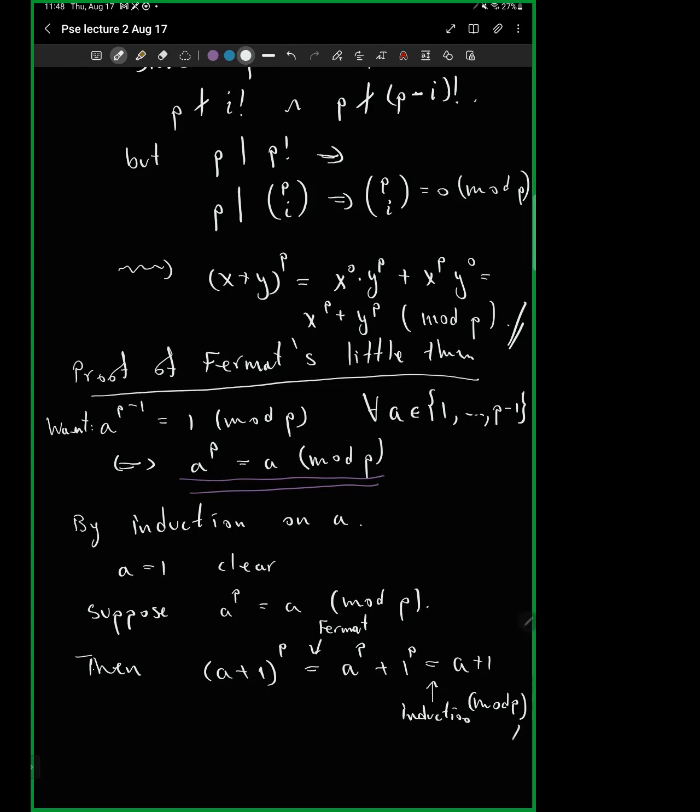Okay, and this finishes the proof. We showed by induction that a to the p is equal to a mod p. Any questions about these two statements?